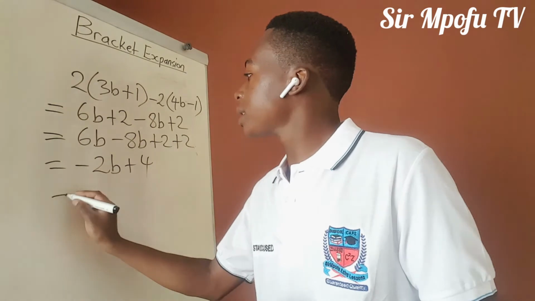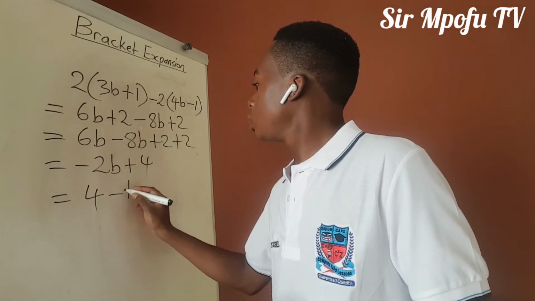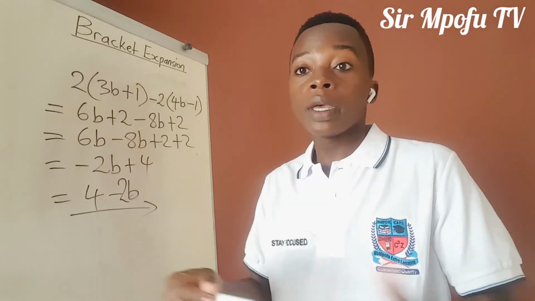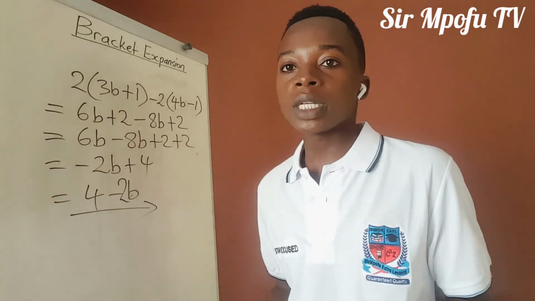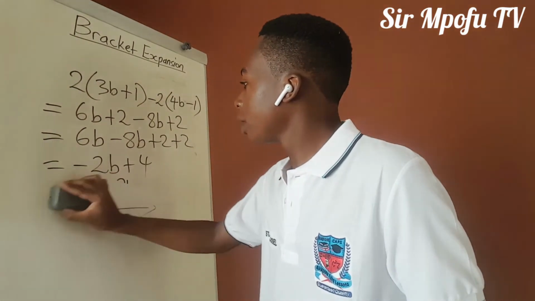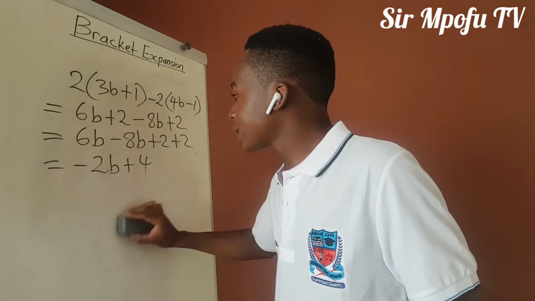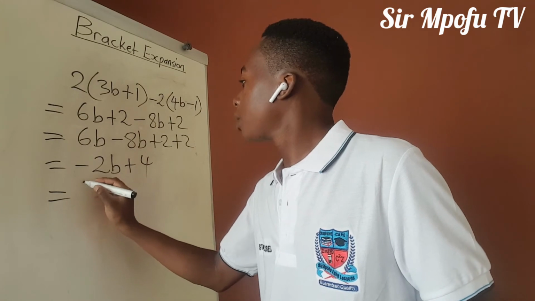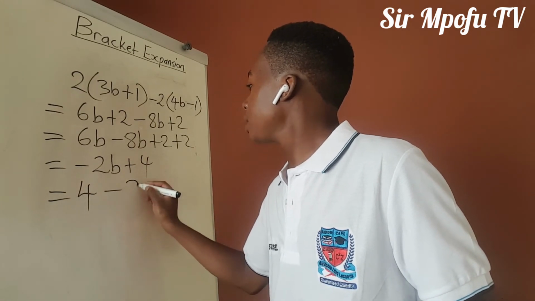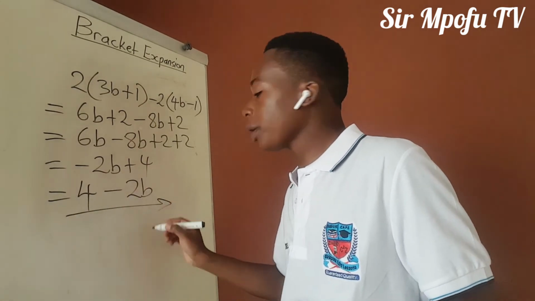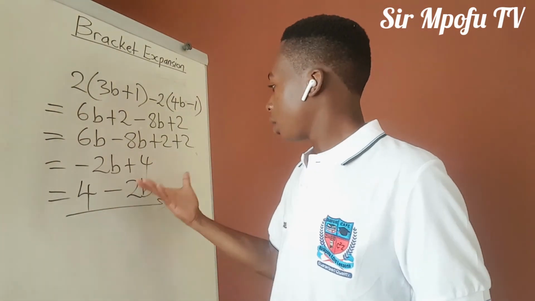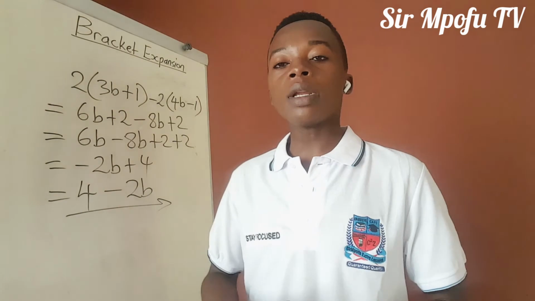This is the same as 4 minus 2b. Some people like to start with the term that has a positive sign. This is one and the same thing. Someone who writes it like this and someone who writes it like 4 minus 2b will both be correct, and you will all get the marks that the question has.